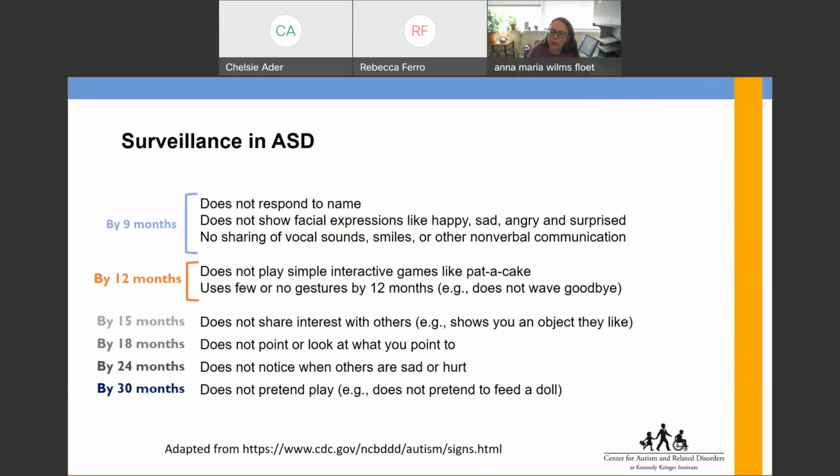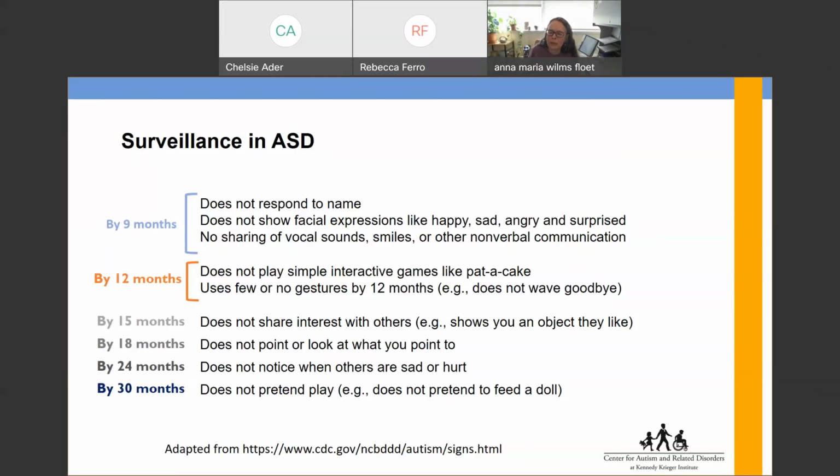And we are going to see a little bit in a video in the next few minutes about nonverbal communication that could lead us to paying attention to young children's nonverbal communication, such as use of gestures. So by 15 months, children should come up to us and show their favorite toy. At 18 months, they should be able to show and share something in the environment that they want us to see.